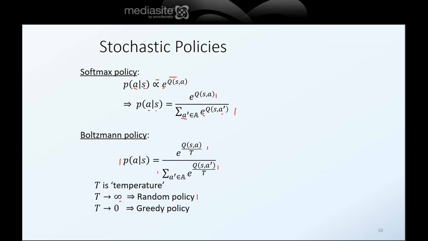At the other extreme, when T approaches 0, when T is really small, this probability becomes 1 for the optimal action and becomes 0 for all the other actions. And so when T approaches 0, the Boltzmann policy is more like a greedy policy. The trick is to gradually lower T as the training progresses.